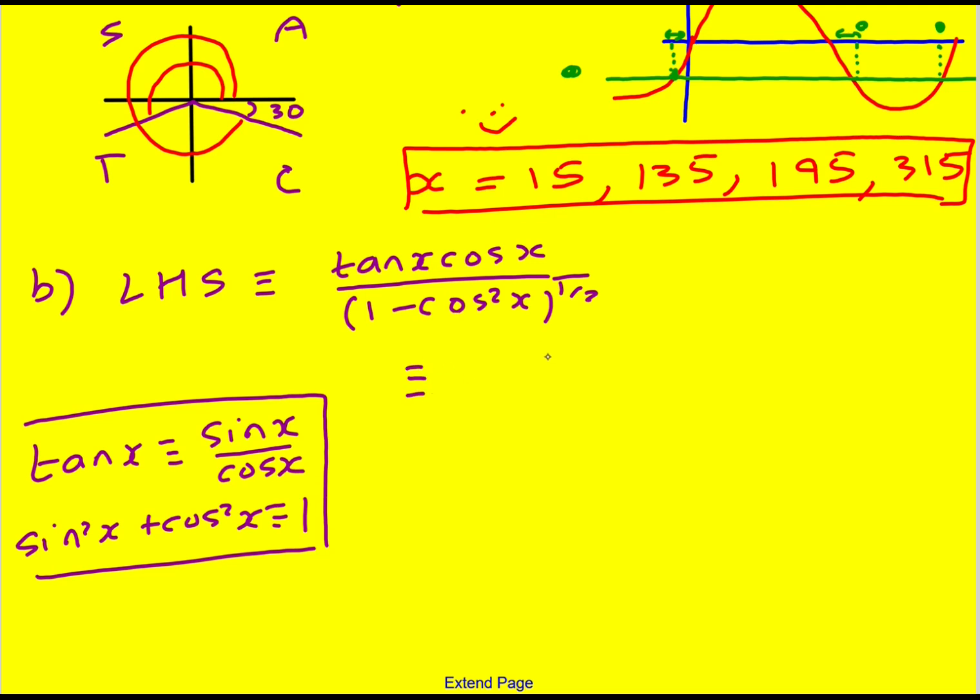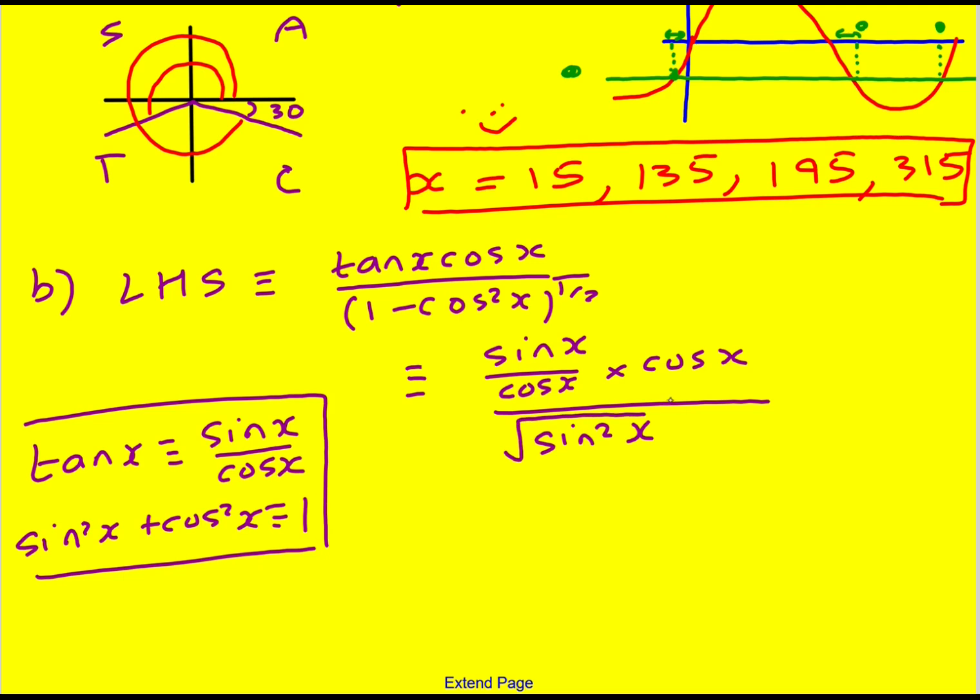What we're going to then get is sine x over cos x, when I replace tan x, times cos x, all over, and 1 minus cos squared x is actually sine squared x. And then to the power of a half is actually a root. The cos x cancel, so I'm left with sine x, and the root of sine squared x is sine x, and we're there. Those two will cancel to give 1, which is the right-hand side.